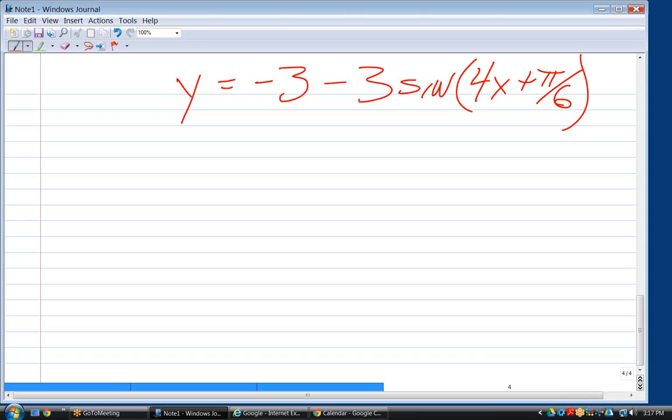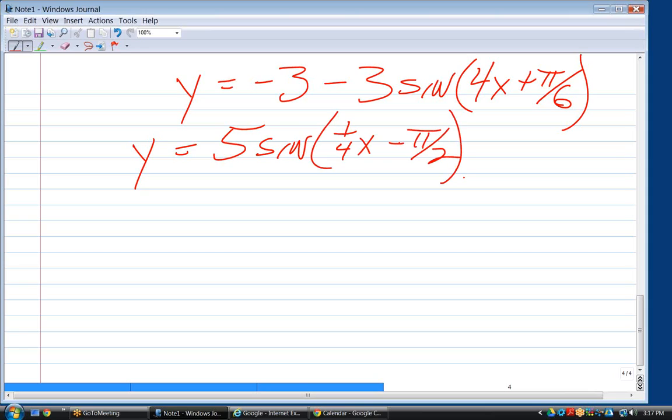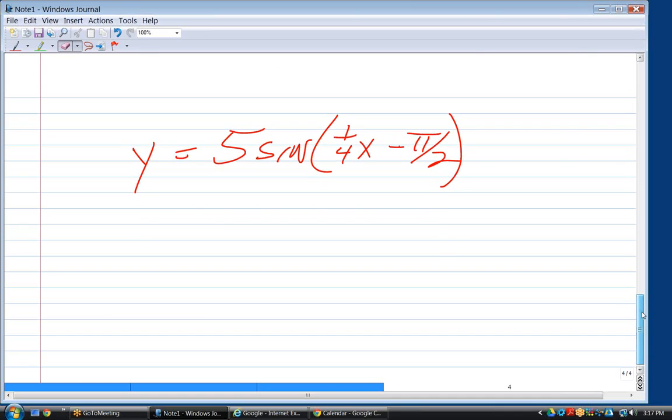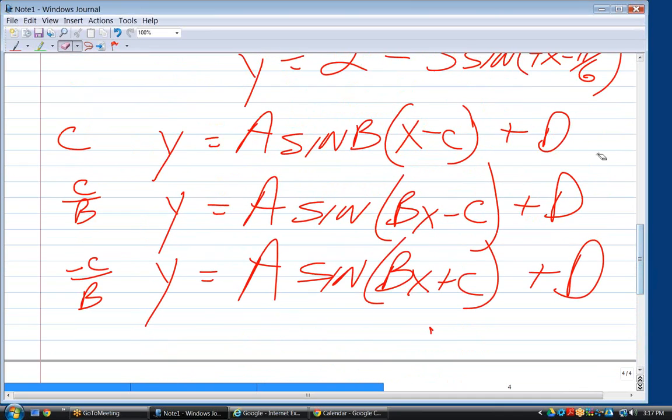All right, and then the next one is find the period of y equals 5 sine quantity 1/4 x minus pi over 2. Okay, looks like your school system uses this middle format, in other words, format number 2.